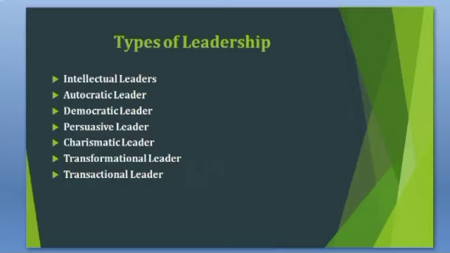The next type is charismatic leaders. Charisma is a leadership trait that can help influence employees to take early and sustained actions. It is a form of interpersonal attraction that inspires and supports acceptance from others.